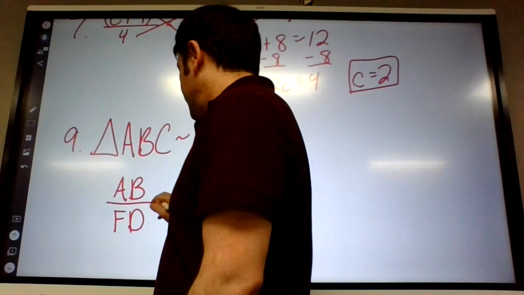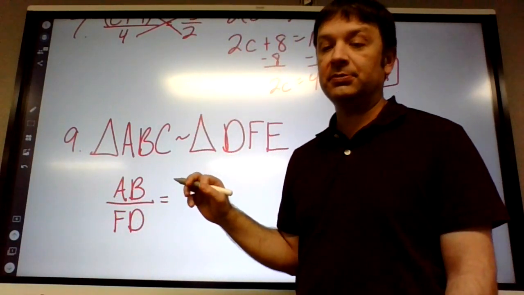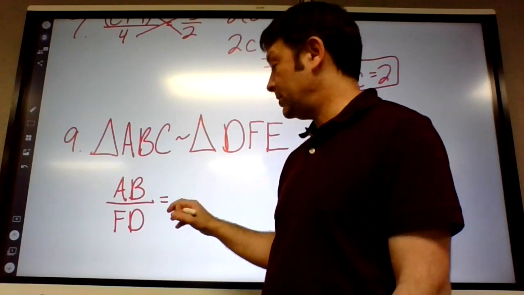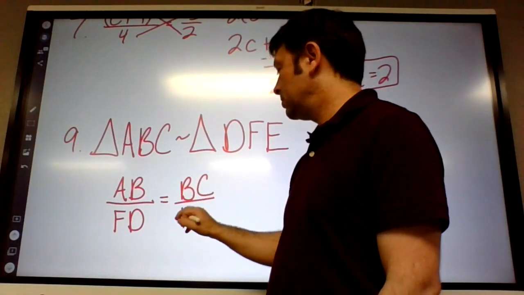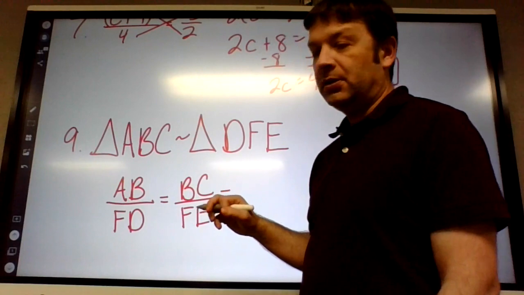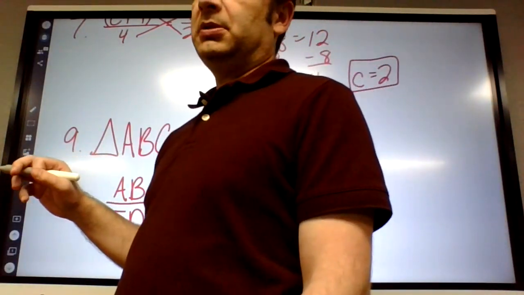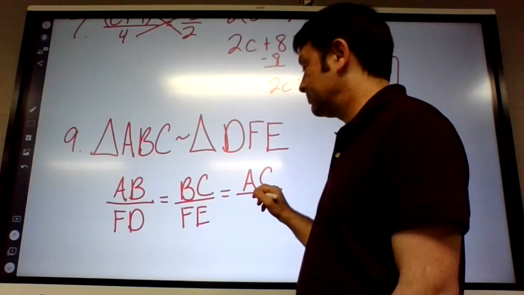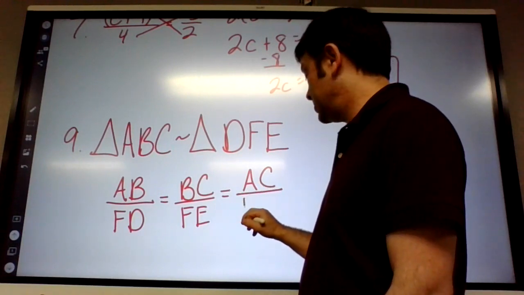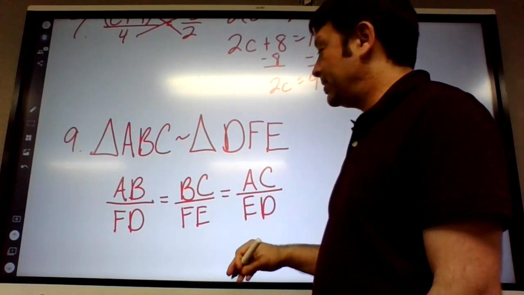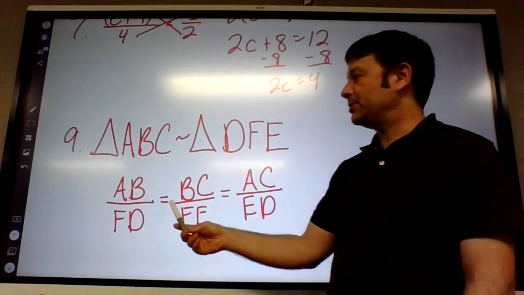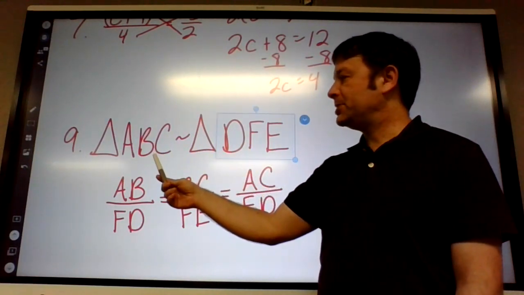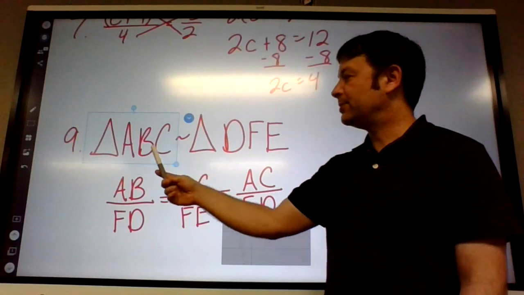Whatever that ratio is should equal BC over FE, or EF, same thing, which would equal AC over ED, or DE. You can get that from the picture. AB over DF equals BC over FE equals AC over DE.